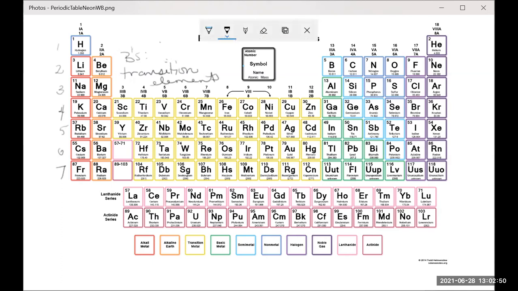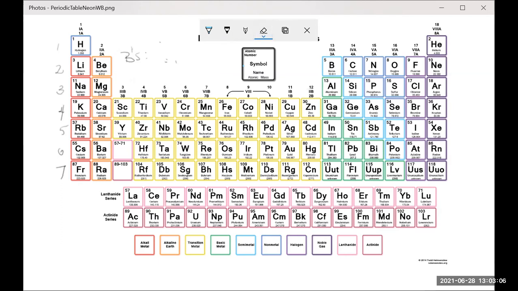So we have 2 classes, main group elements with the A's, and then the transition elements starting down here with the B's. We have periods. Each column is a group or a family.